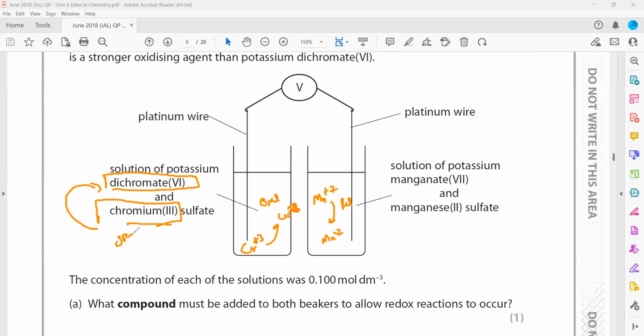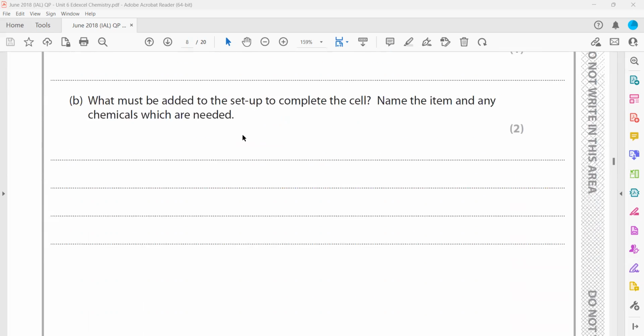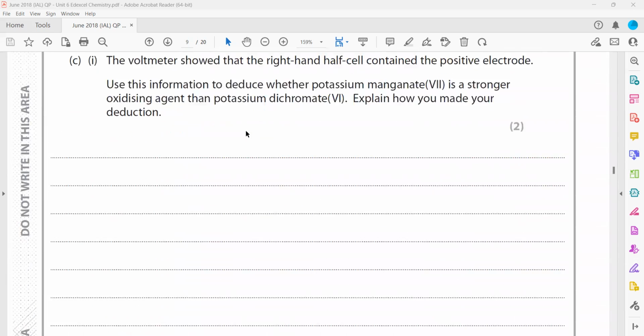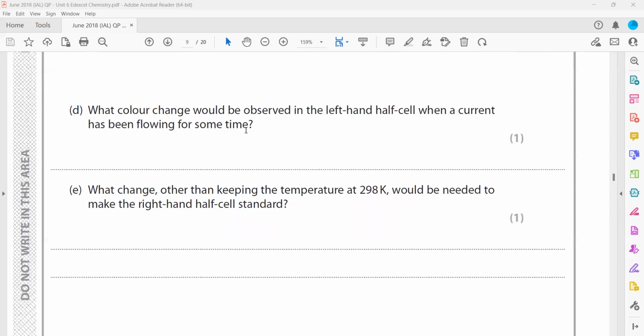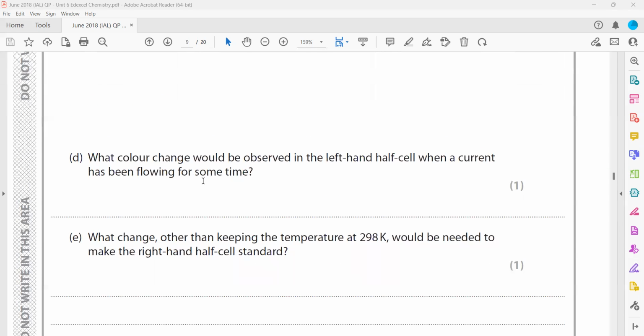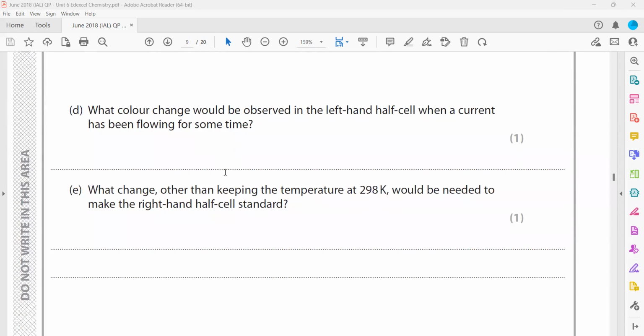So this one is green and this one is orange. And if they ask the color change on the right hand side, it was +7 turning into +2, so initially it was purple and then turned colorless. So the color change on the left hand side will be green to orange.